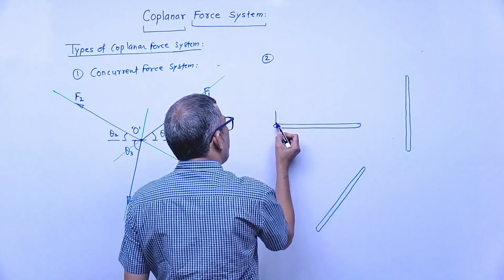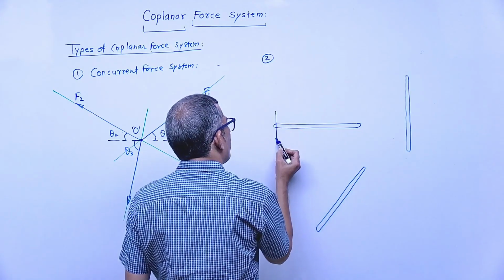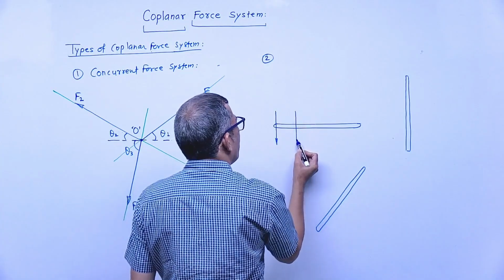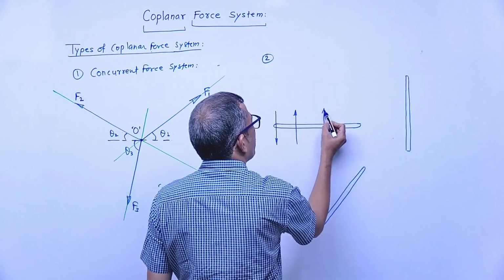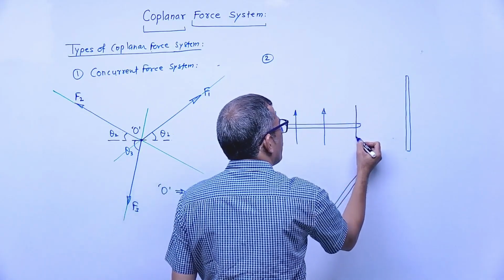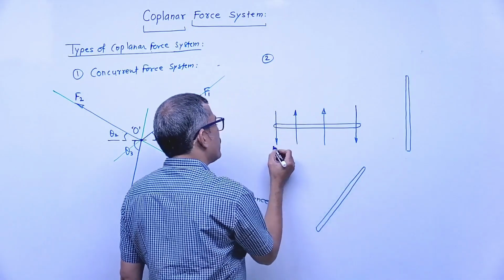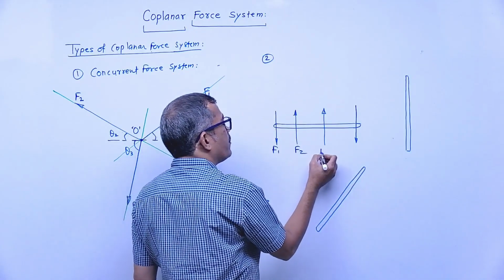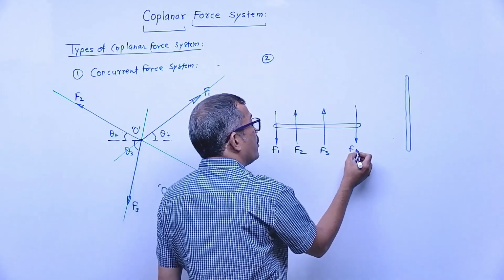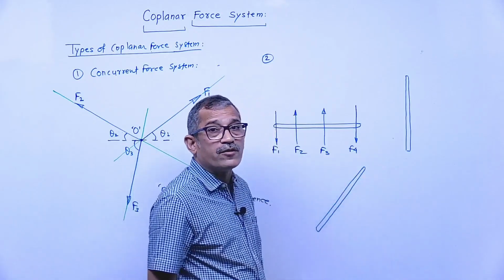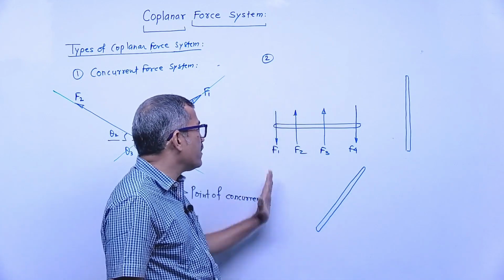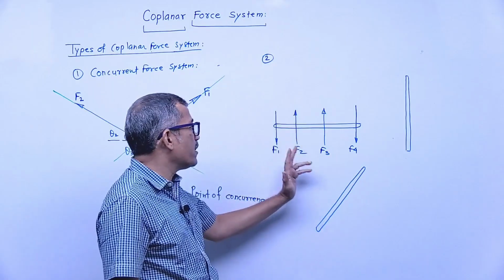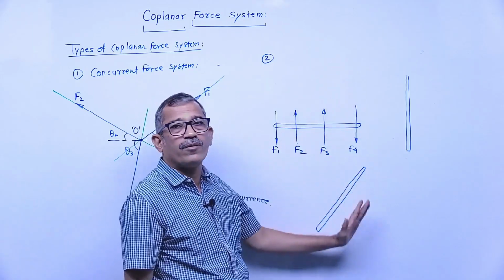Now here the first force is downward, the next force upward, the next force vertically upward, the next force vertically downward. The forces are F1, F2, F3, F4. Now concentrate on lines of action. The line of action of F1 is what? Vertical.